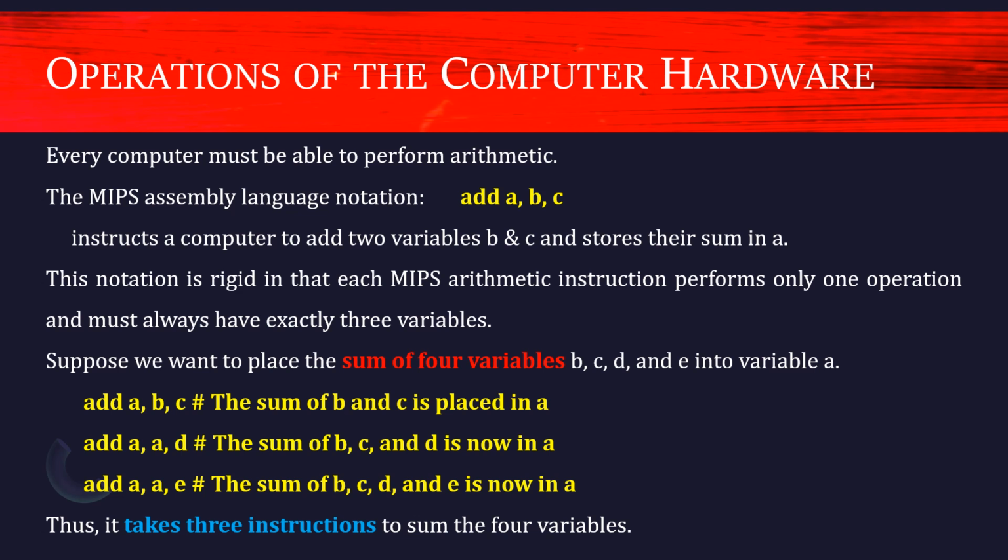Let's look into the operations of the computer hardware. Every computer must be able to do some arithmetic operations. The MIPS assembly language notation add A, B, C instructs a computer to add two variables B and C and store the sum in A. This notation in MIPS is rigid in that each MIPS arithmetic instruction performs only one operation and must always have exactly three variables.